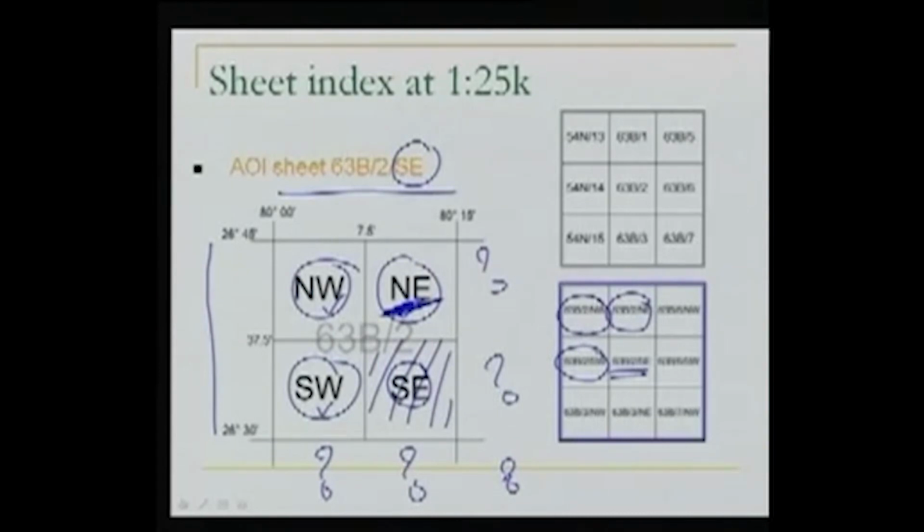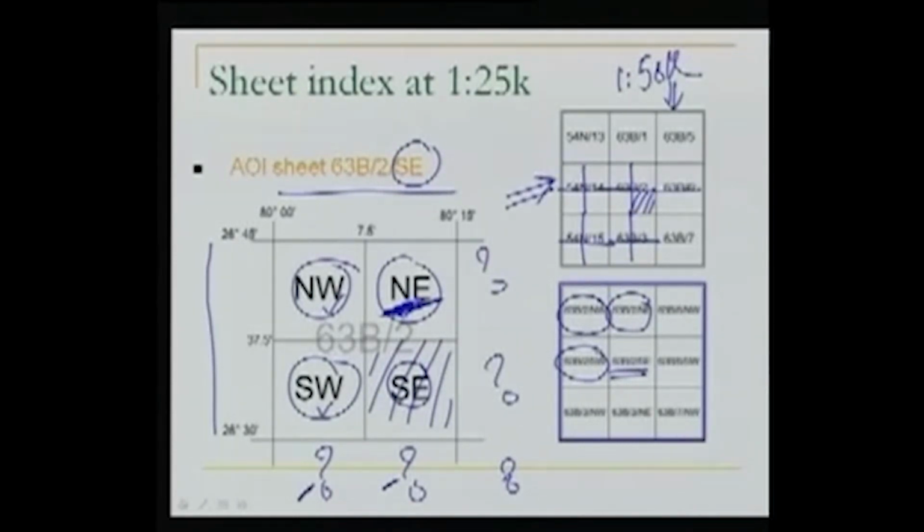Well, what will the sheet number be here and here? If you look at the sheet index at a level of 1:50,000, that's the sheet index. Each of these sheets is divided in 4 parts for the next level, isn't it? Our area of interest is here.